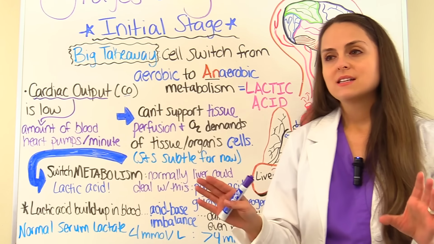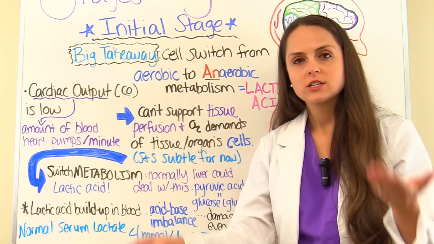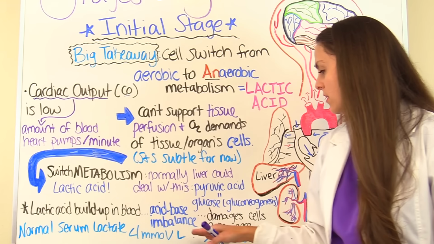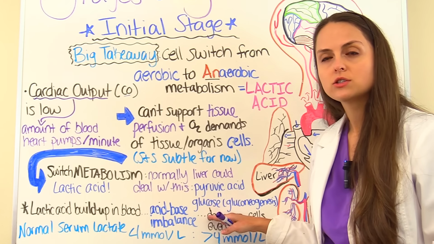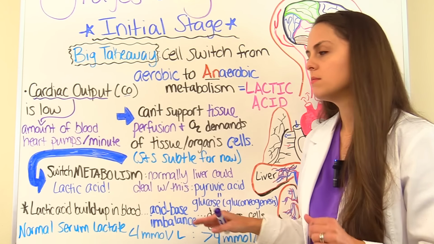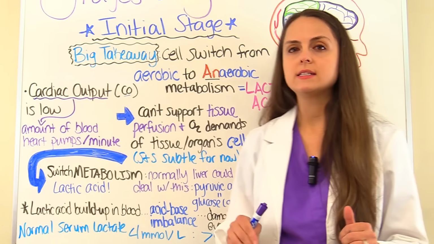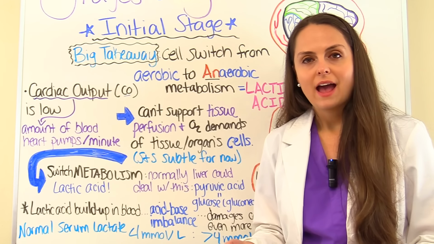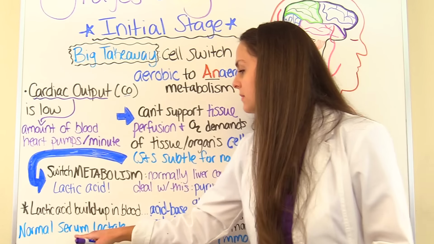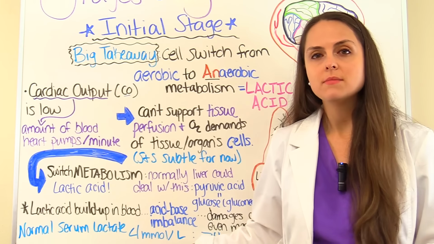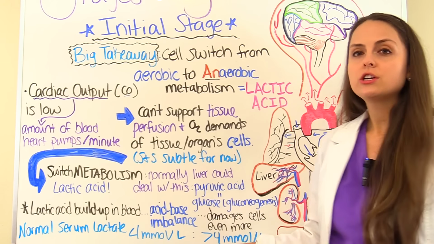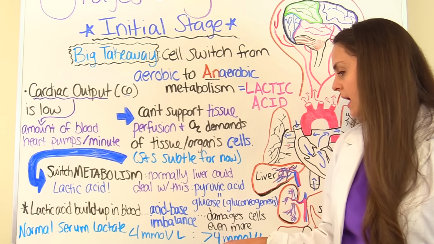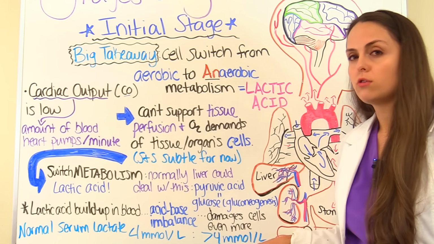Whenever we've talked about our acid-base imbalance videos, whenever we throw a patient into an acid-base problem, we have issues. This acid-base imbalance will damage our cells even more. The patient can go into lactic acidosis, and you can measure a lactic acid level. A normal serum lactate is less than 1 millimole per liter, and a patient who is in lactic acidosis, where that lactic acid level is really high, would be greater than 4 millimoles per liter.